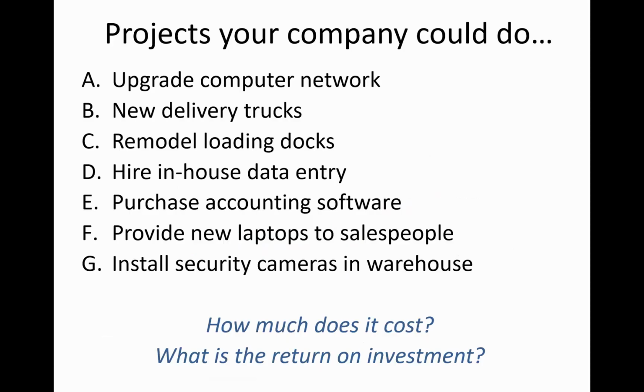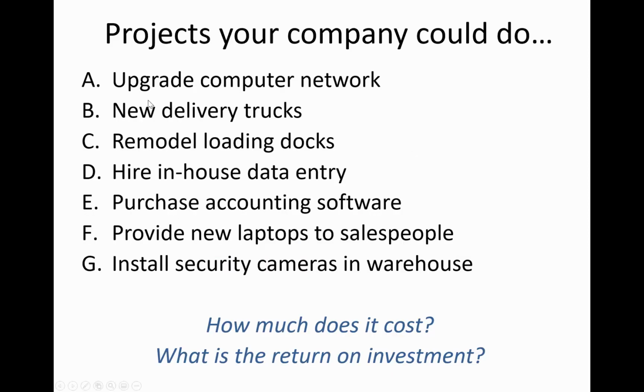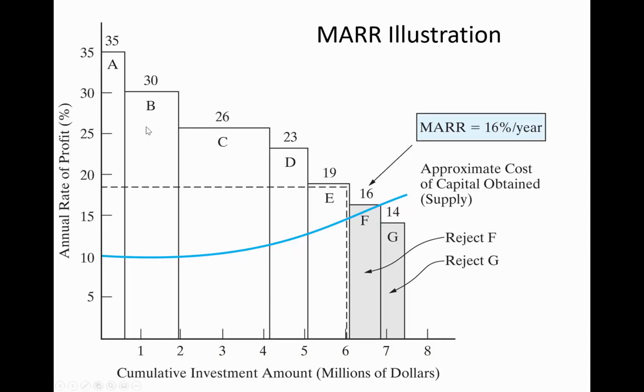So to upgrade the computer network, you're spending $600,000, and the return on investment for that is 35%. Option B is more expensive, buying new delivery trucks. We know it's more expensive because the bar is wider. It looks like it's going to be about $1.4 million for those new delivery trucks.